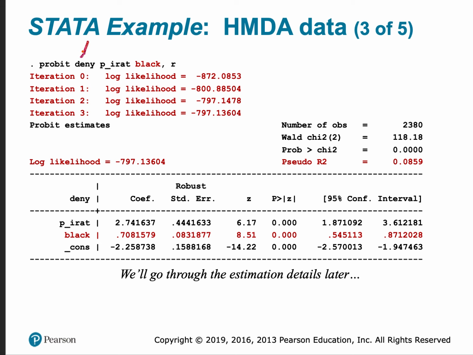That's probit your y variable x1 x2, comma robust, and the coefficient on the black variable is 0.708, and this tells us that the probability of being denied given that the applicant is black is higher than the probability of being denied given that the applicant is white, all else equal.